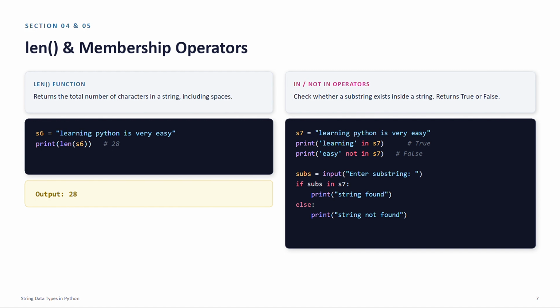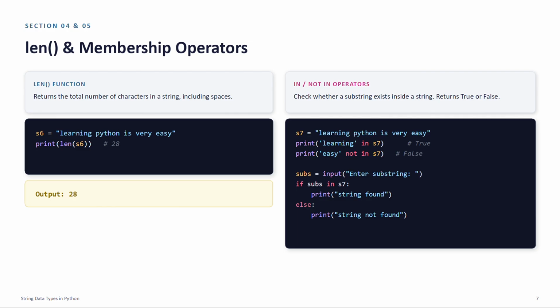If sub in S7, then the if block will be executed, otherwise it will move towards the else block. So the print statement above is working correctly, and the program below is also working correctly with the help of the in and not in membership operators. This is called a membership operator. This is exactly how a real search feature works in apps.